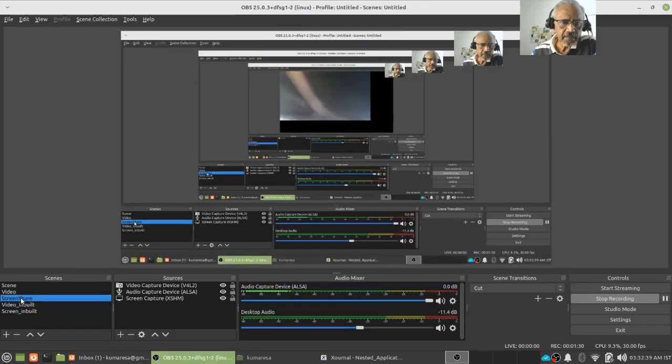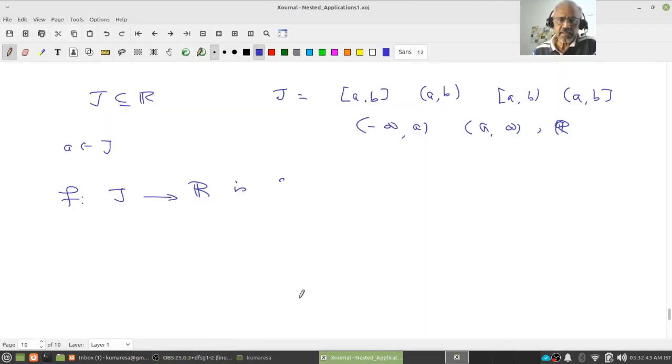Yes, so J is a subset of R. It's an interval of any one of this form. Fix a point A in J.